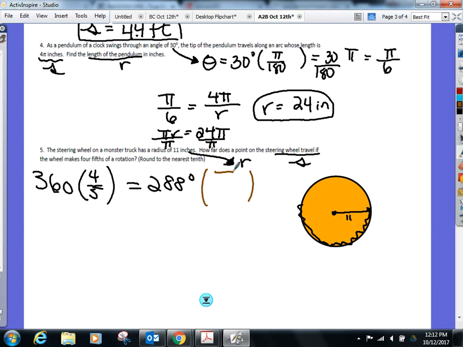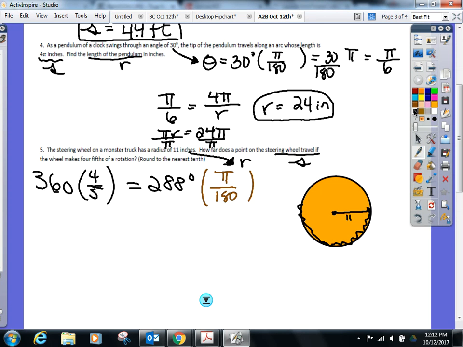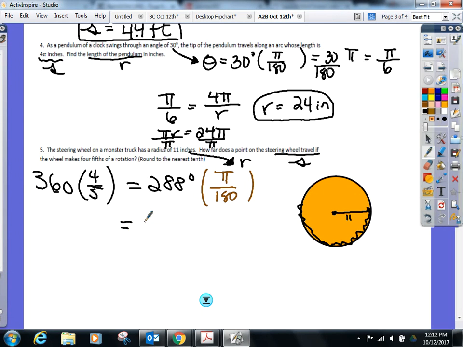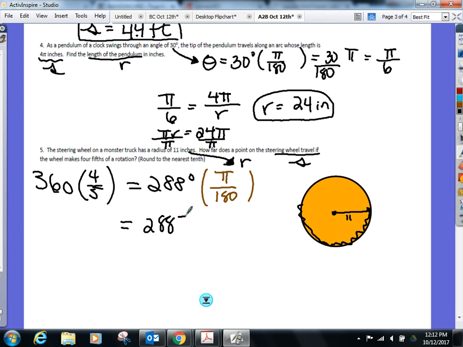Multiply it by pi over 180. Reduce. What was it? 8 over 5? Okay.